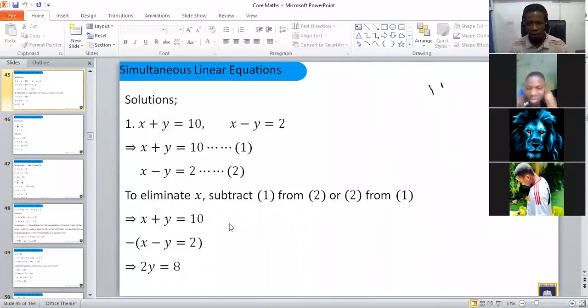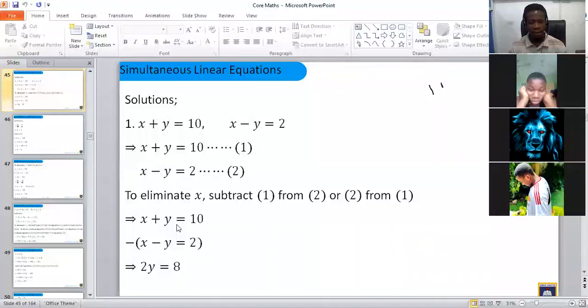Okay, but I hope you've understood why we are eliminating x. That is the variable we said we are eliminating.